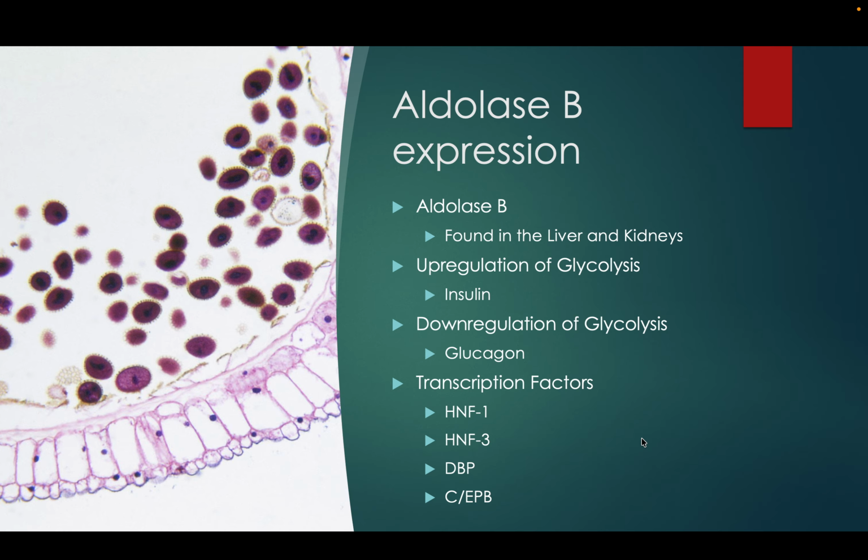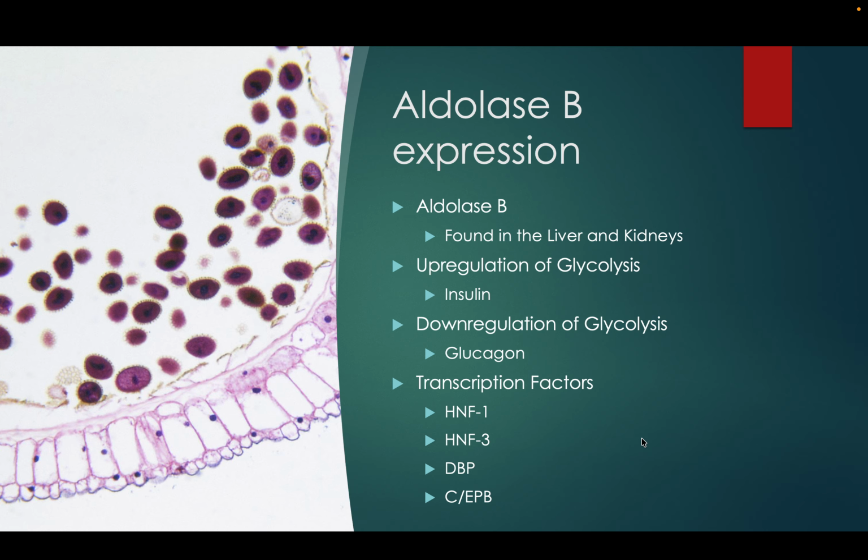Inversely, there would be a downregulation of glycolysis and an upregulation of gluconeogenesis when someone is fasting. So maybe they went to sleep for the night, and there's no longer a high demand for energy, then the glycolysis process needs to downregulate because there is not a high demand for the glucose.